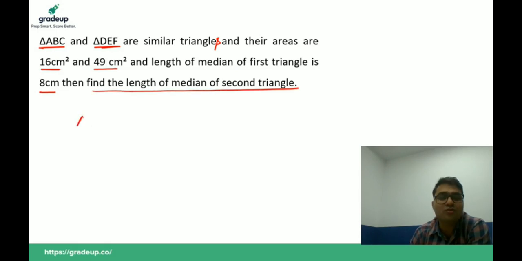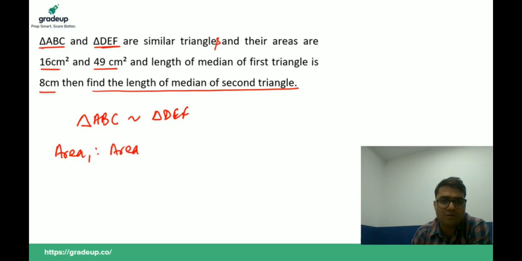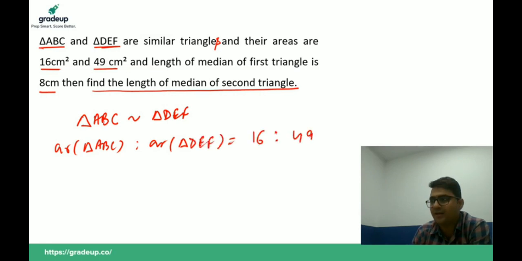Guys, in this question we have been given that triangle ABC is similar to triangle DEF. As you all know, we have the area ratio: area of triangle ABC to area of triangle DEF is 16:49.